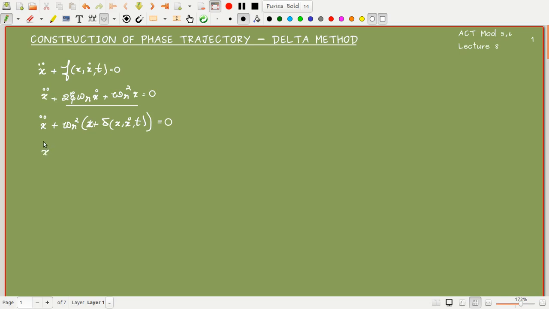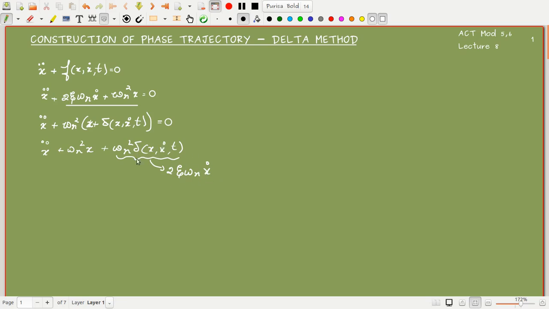This is nothing but x double dot plus omega n squared into x plus omega n squared into delta of x comma x dot comma t. So this part is equivalent to 2 zeta omega n into x dot. The only thing is that delta would be equal to, since this is omega n squared, we have to divide by omega n: 2 zeta x dot by omega n.